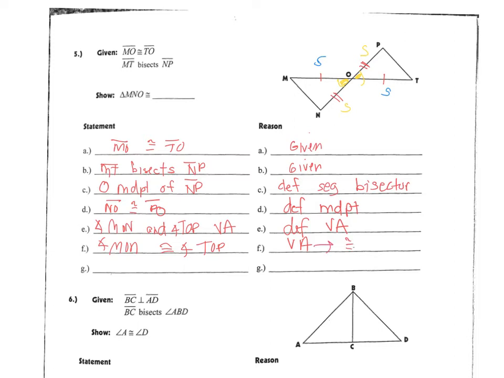And so now I look at what I have, and I have a side, an angle, and a side. And so I'm going to be able to prove that these two triangles are congruent by side, angle, side. So I have enough to say that triangle MNO is congruent to triangle TPO.